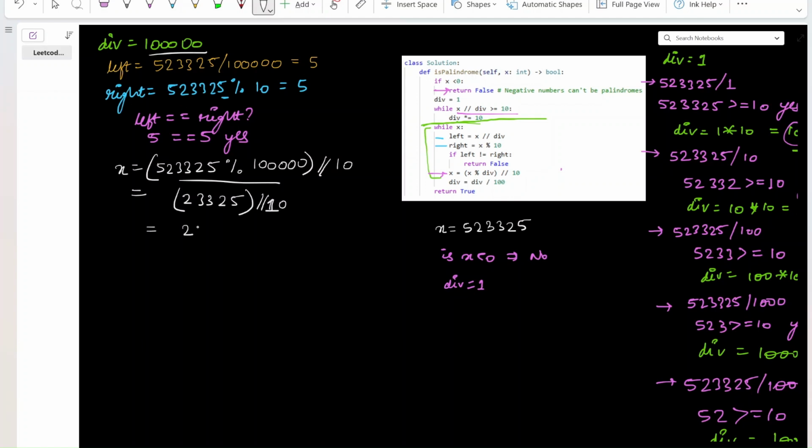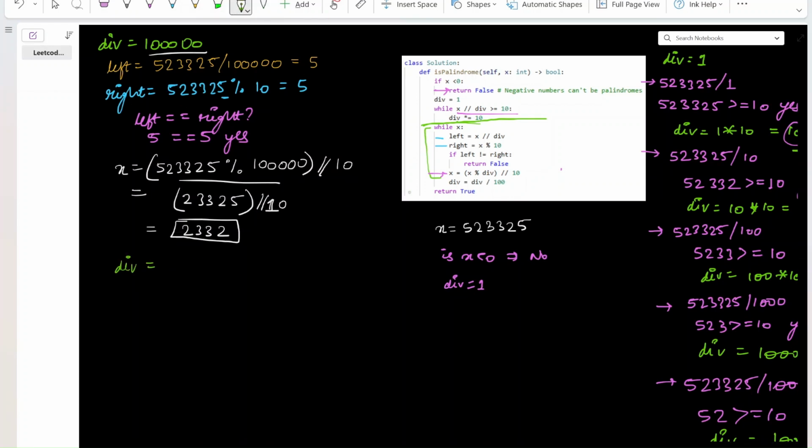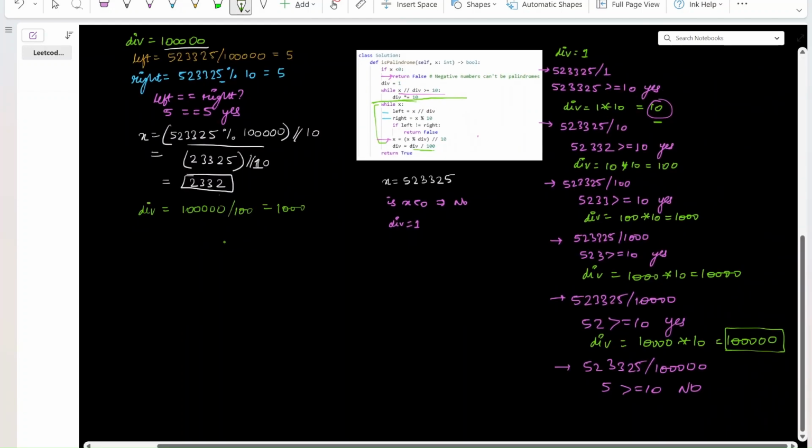So this comes down to 2332. So we have got our reduced x. Now we need to update our div as well. So our div is equal to div divide by 100. So our current div is 100,000 divided by 100. That will be equal to 1000.